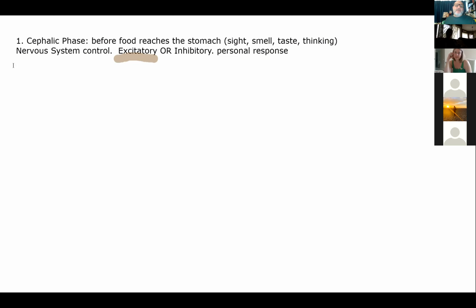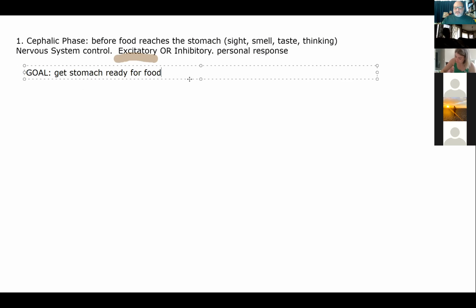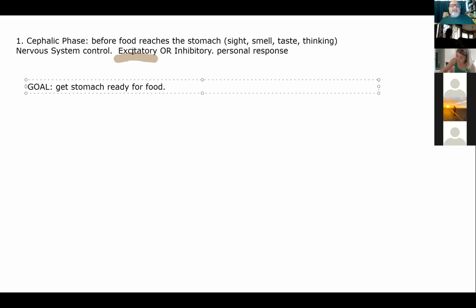But our goal is to prime the pump. The goal is to get the stomach ready for food, because that anticipation of the food is on the way. And so primarily what starts to happen in this is this neural input. If we're going to be doing excitatory, what branch of the nervous system would be responsible for the excitatory?